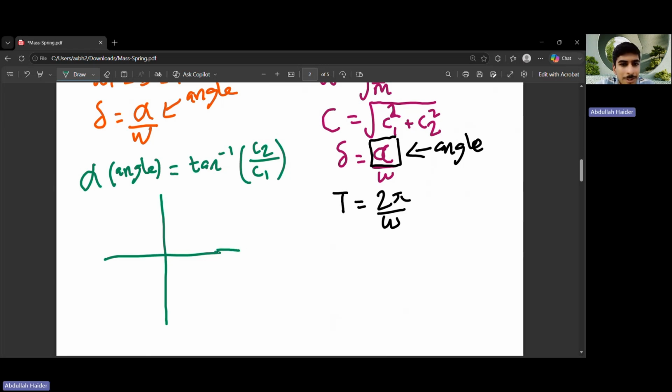So assume that you have, let's say you have C1 and C2 as your X and Y on a 2D plane. I'll write it like this, by the way, it will look better.